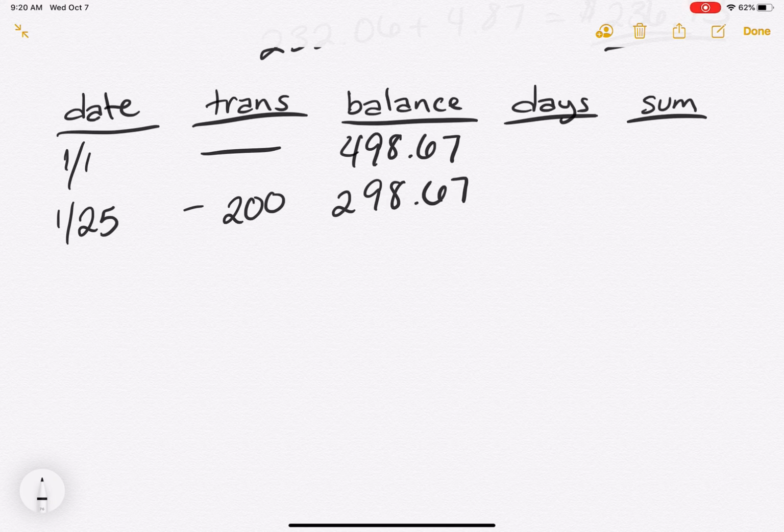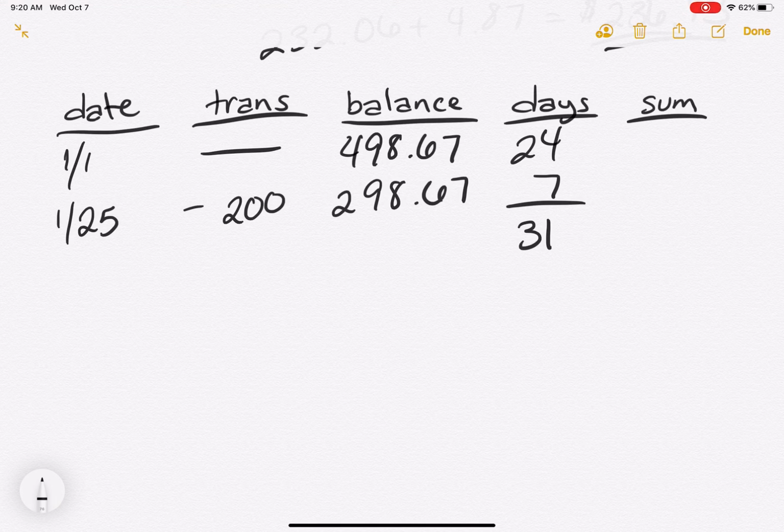How many days? 24. And that was it, no other transaction. How many days did it carry that balance? We need a total of 31. 25, 26, 27, 28, 29, 30, 31. Yep, so 7 days.